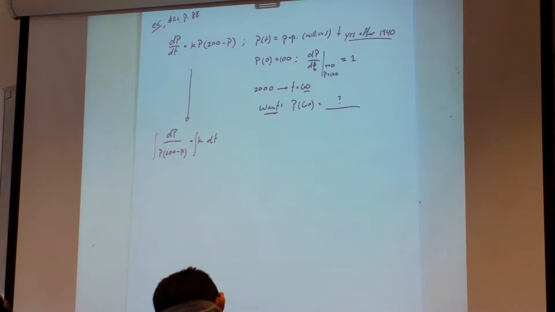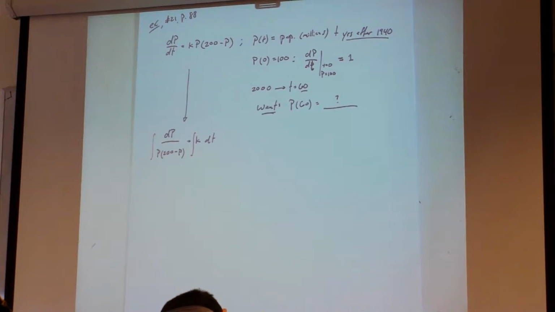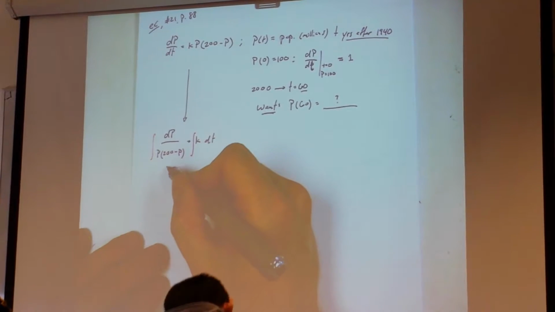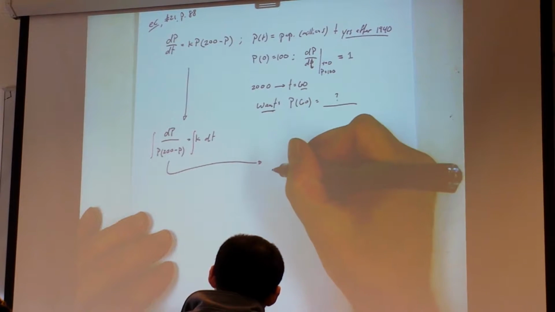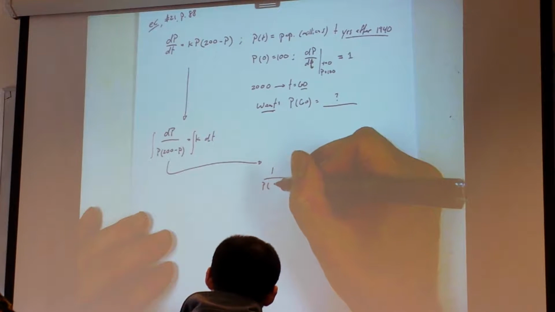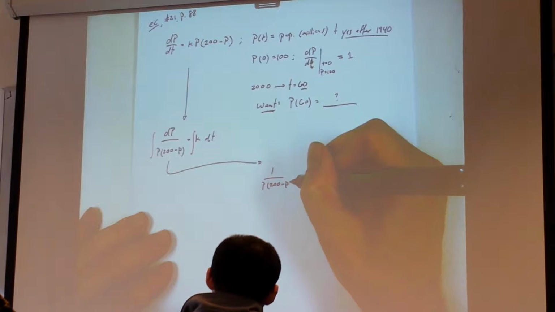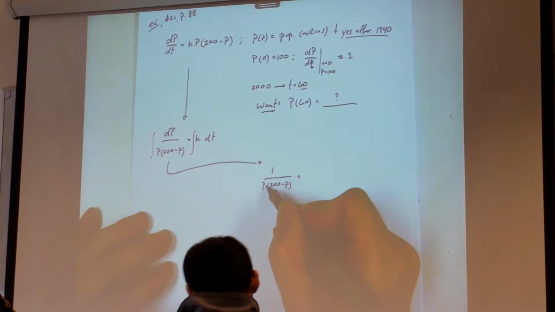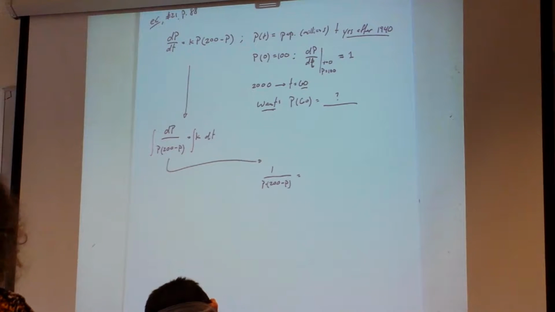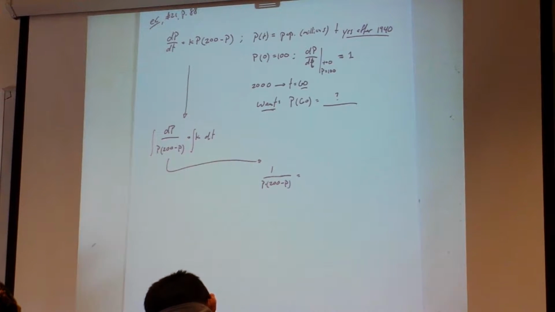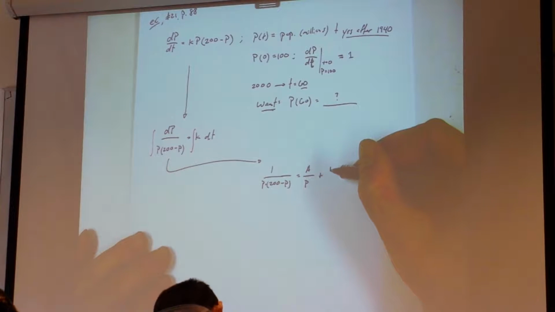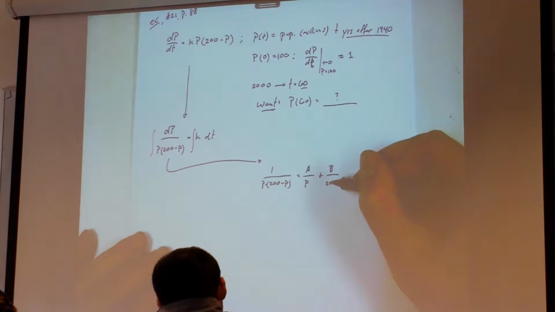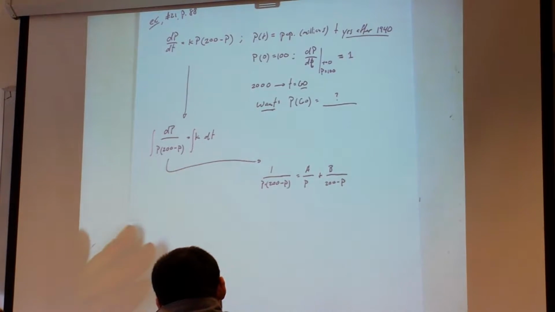And the problem is this integration on the left is a little tricky. What we're going to use is a little technique. P times (200 minus P) equals, hopefully this expression is the result of adding two simpler expressions, one with the denominator P, and the other with the denominator 200 minus P. Everybody know what this technique is called?